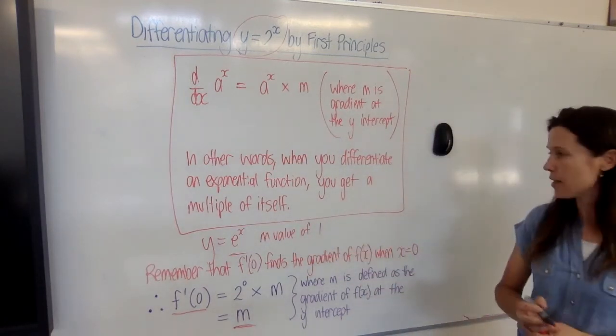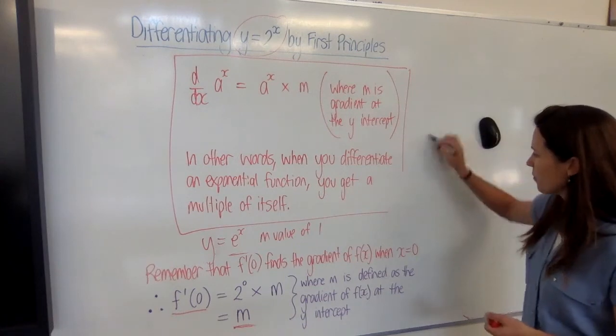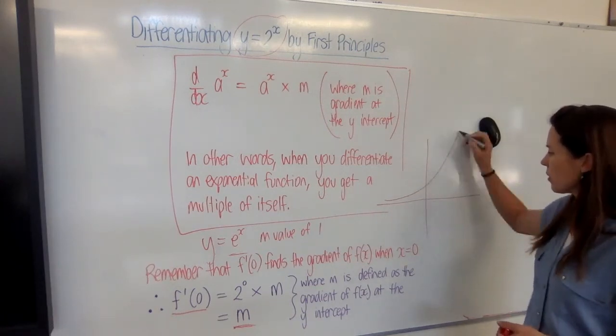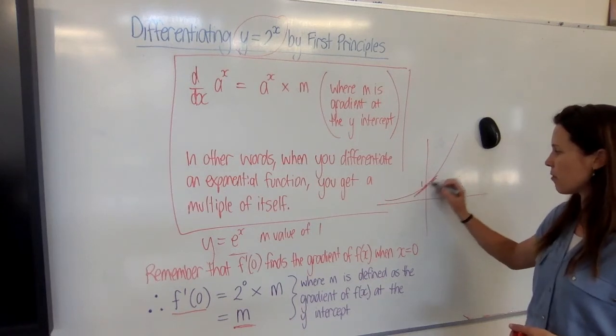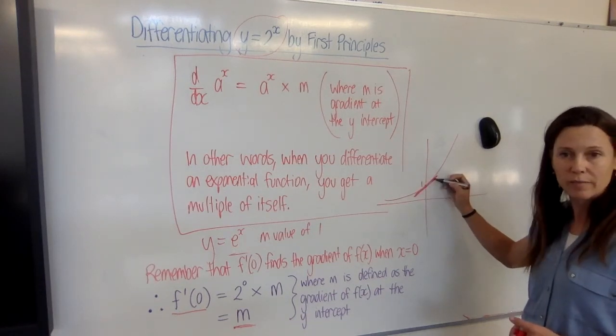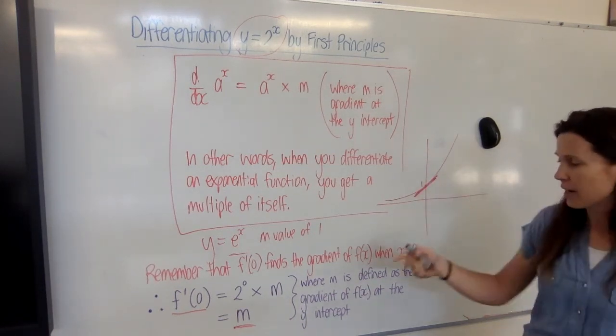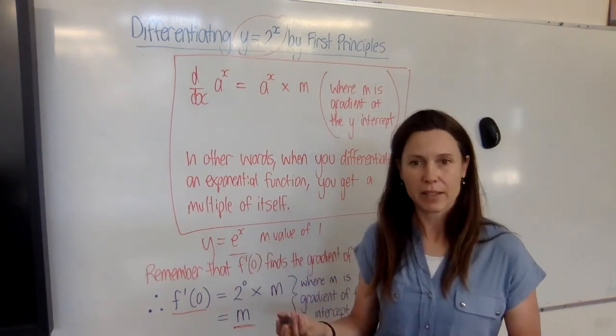And what that means is that when we draw it, as it goes through the y-axis, its gradient right here is 1. And in fact, its gradient at any point will be exactly itself.